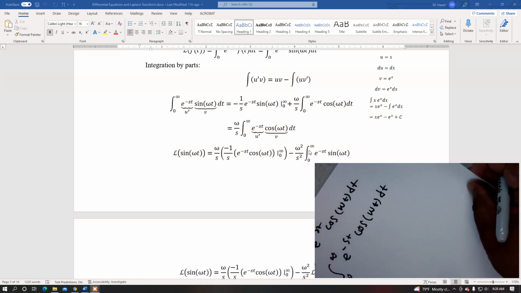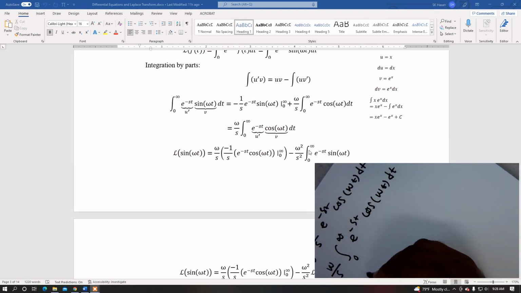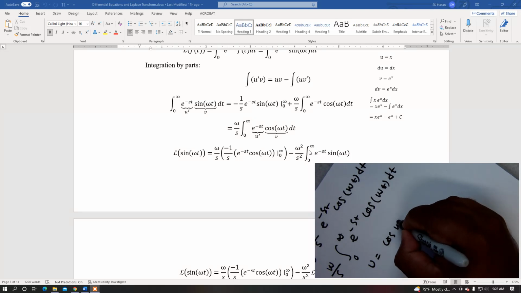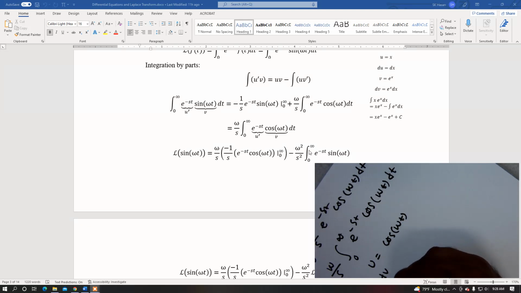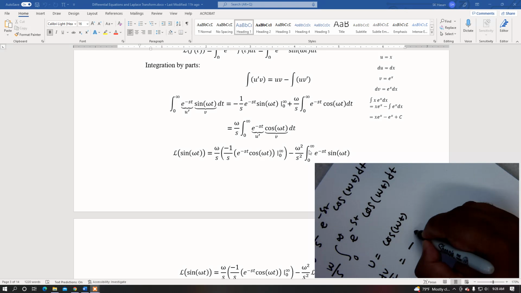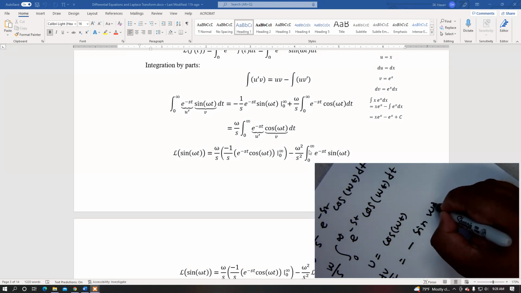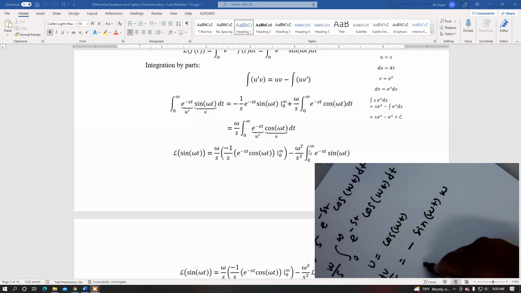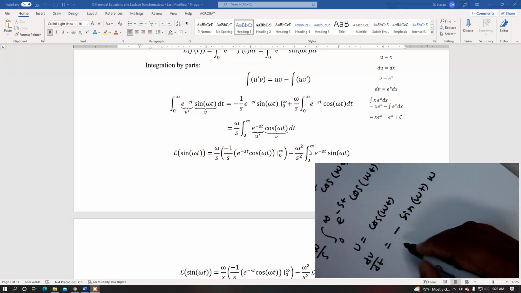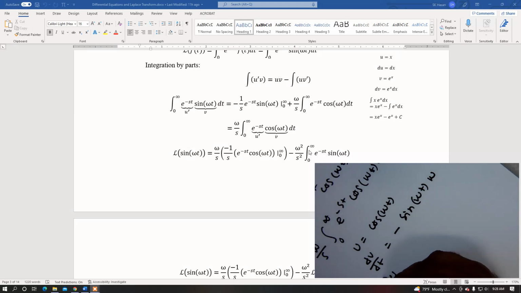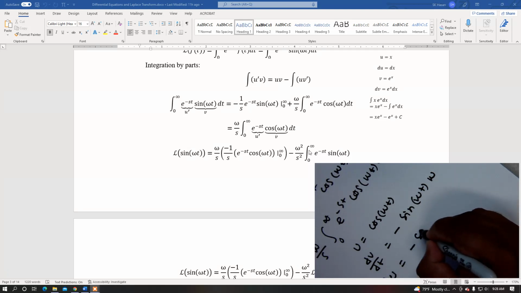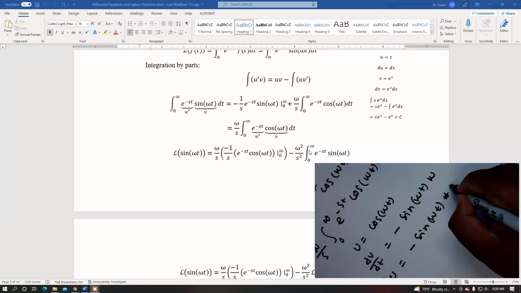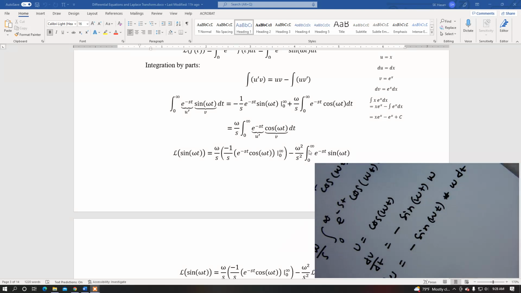And now we need to define u and v again. So u equals cos omega t, du over dt equals minus sine omega t times omega, so du equals minus sine omega t times omega dt.